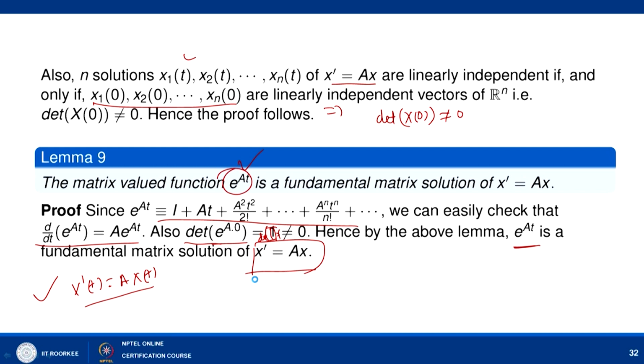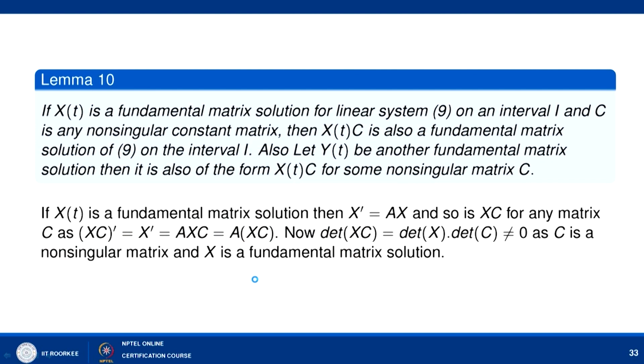So, we have proved that the matrix valued function e^(At) is a fundamental matrix solution of x' = Ax, and as we have pointed out earlier also, there may be more than one fundamental matrix solution. So, now we try to see, if there is more than one fundamental matrix solution, what is the relation between these fundamental matrix solutions, and that is the content of the next lemma.